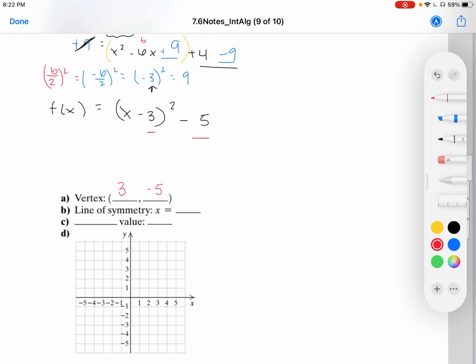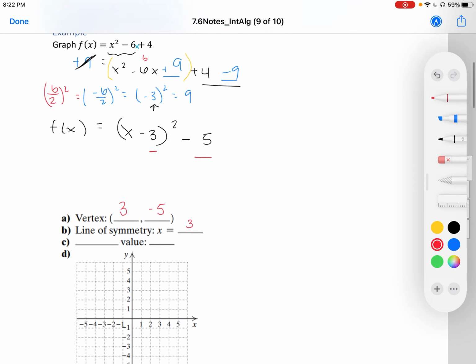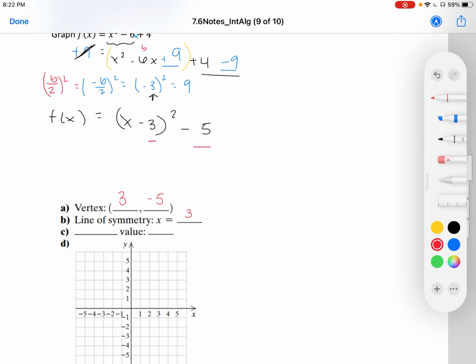Remember, the h is always the different sign. Our line of symmetry is x equals h. My h is 3. And because our parabola opens up, we have a minimum value of negative 5.